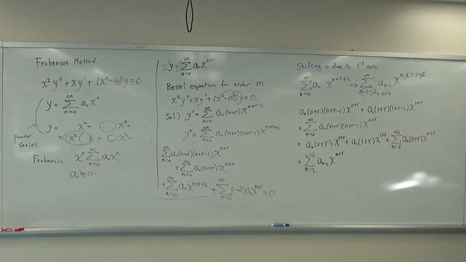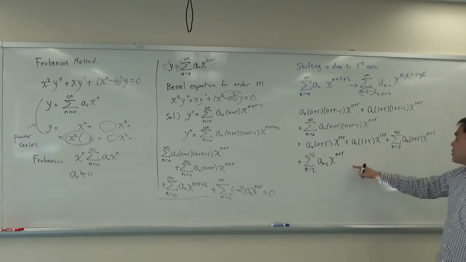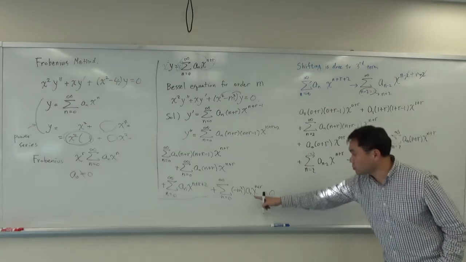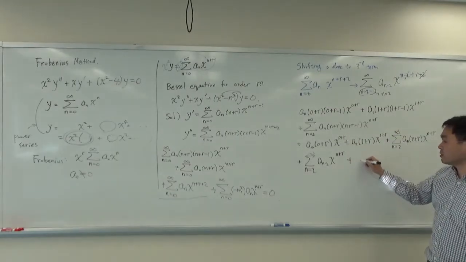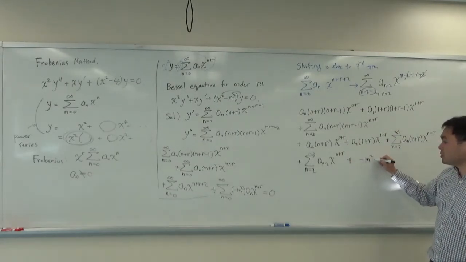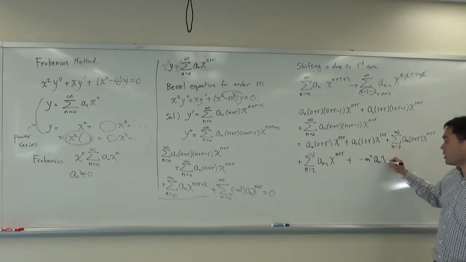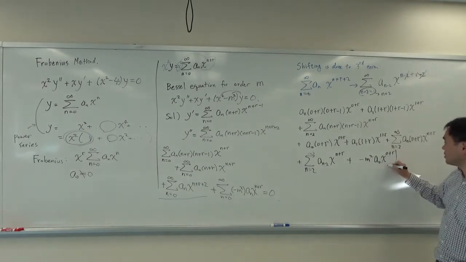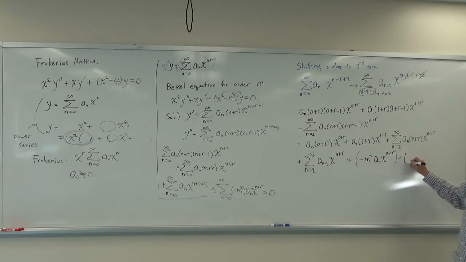Okay. And then, what else? It's this one, and then the next one is this one here. It's negative m squared a_0 x to the 0 plus r, plus negative m squared a_1 x to the 1 plus r.